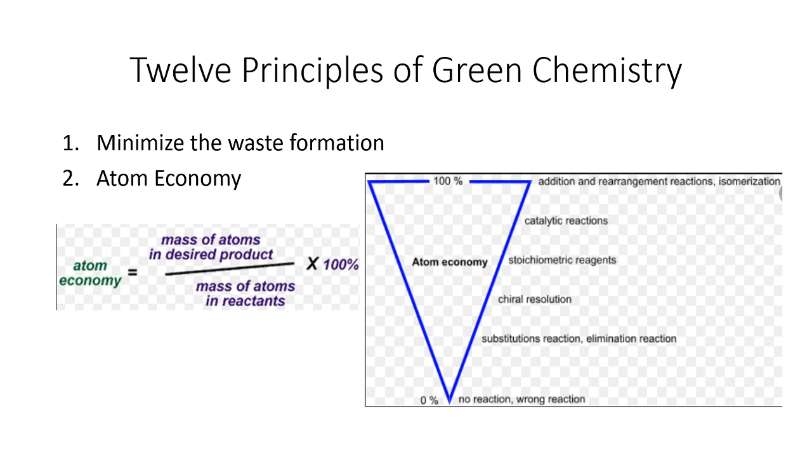So cis-trans isomerization or RS isomerization, such kind of isomerization will give you 100% economy. Under these headings you can have n number of examples, you can find them, you can search on the net, and you can discuss with your friends also. Okay, one or two examples are given in the book also.